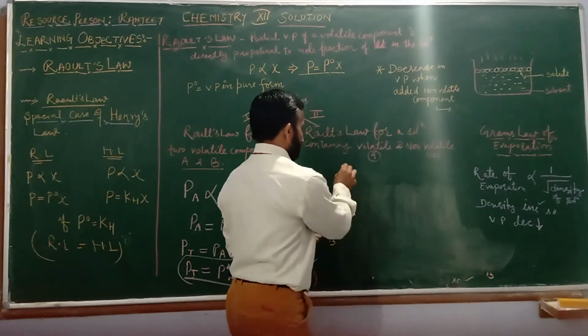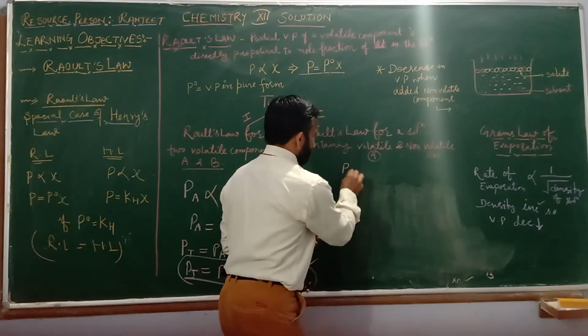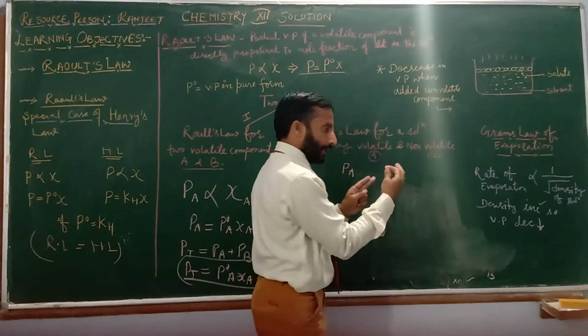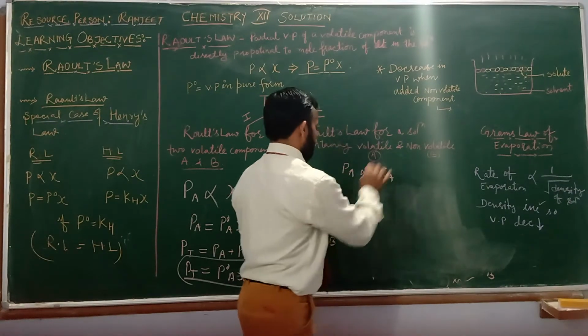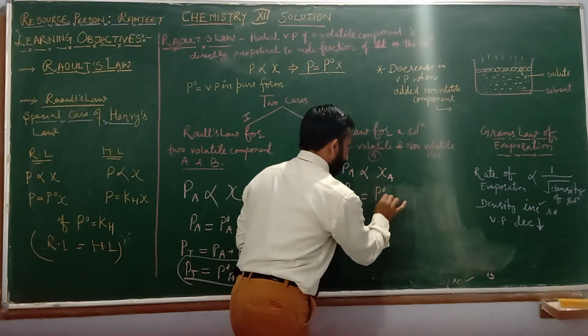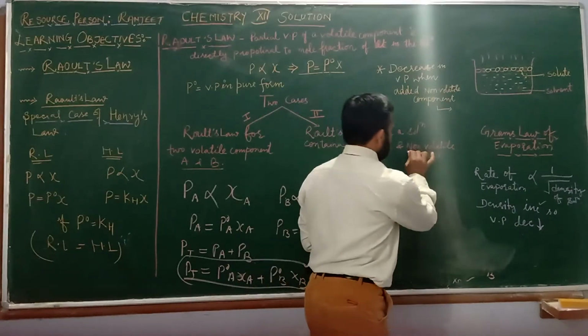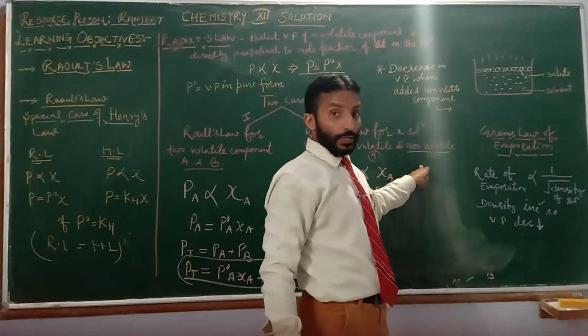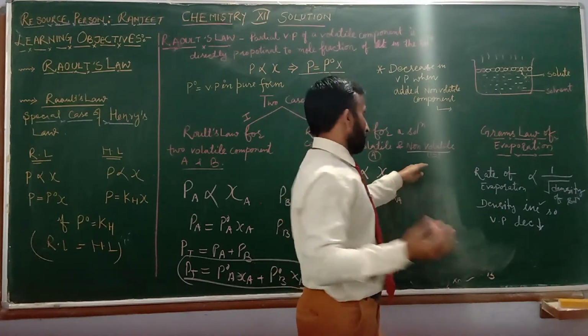Now here, component A is volatile, directly proportional to its mole fraction, and PA is equal to P naught A XA. And this component is non-volatile. Non-volatile has no vapor pressure.